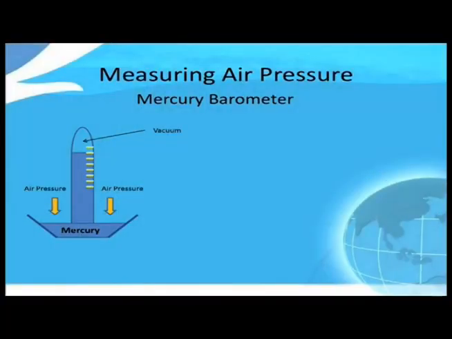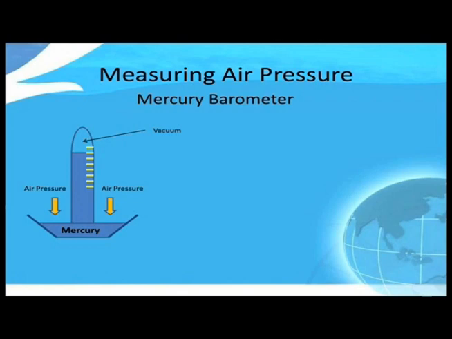Well, this is one way, or the main way: we use a barometer, and this is just a simple diagram of a mercury barometer. So what you have is a glass tube filled with mercury, and at the very top of the tube there is a vacuum, so there's no air at all.